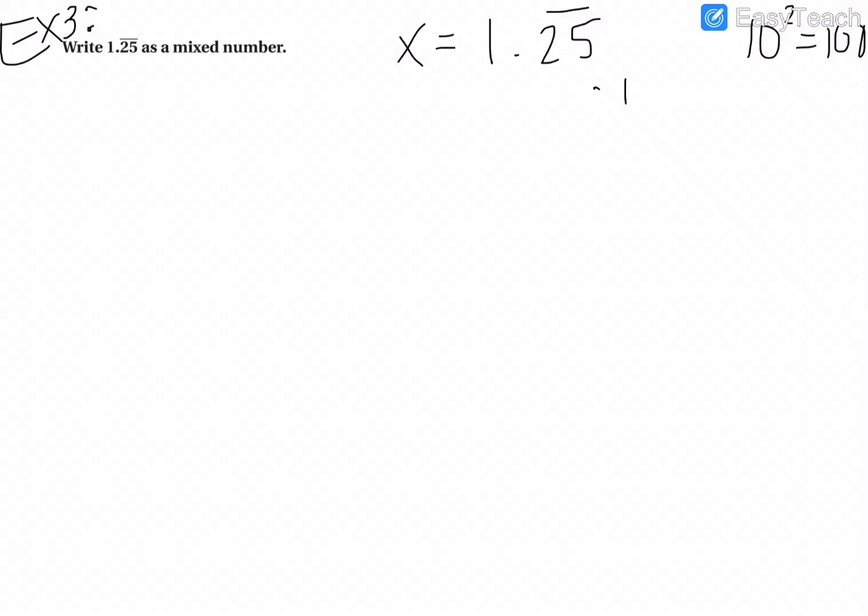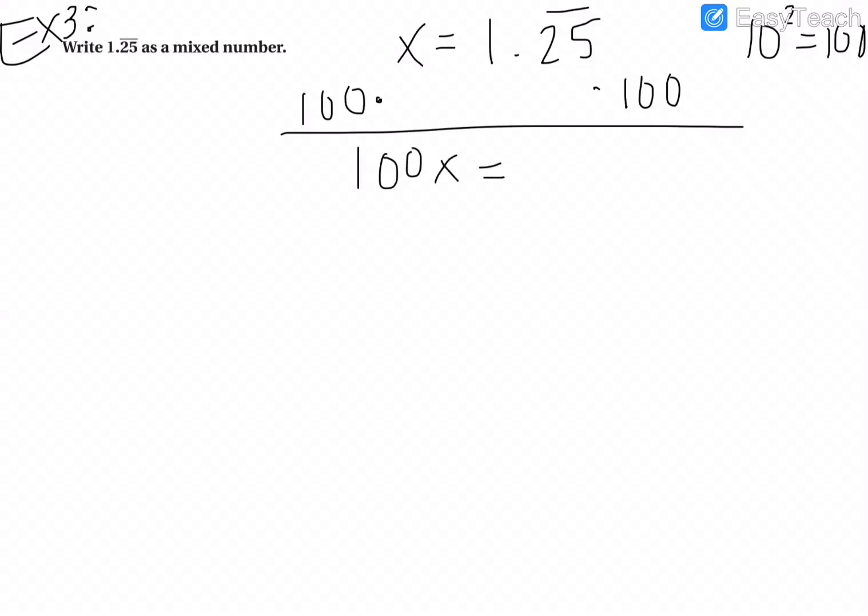So multiply both sides by 100, you have 100x equals, remember that this is 0.25, 25, 25, etc. So once you move it over twice, since you are multiplying by 100, you're going to have 25 and 25 hundredths repeating.